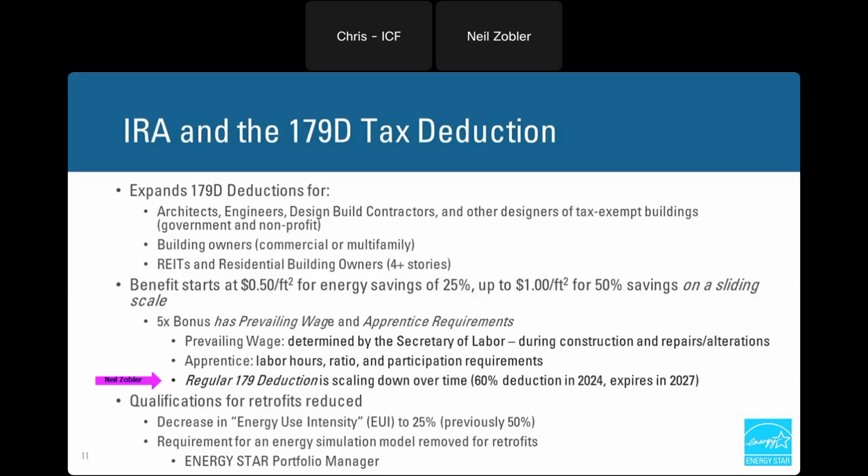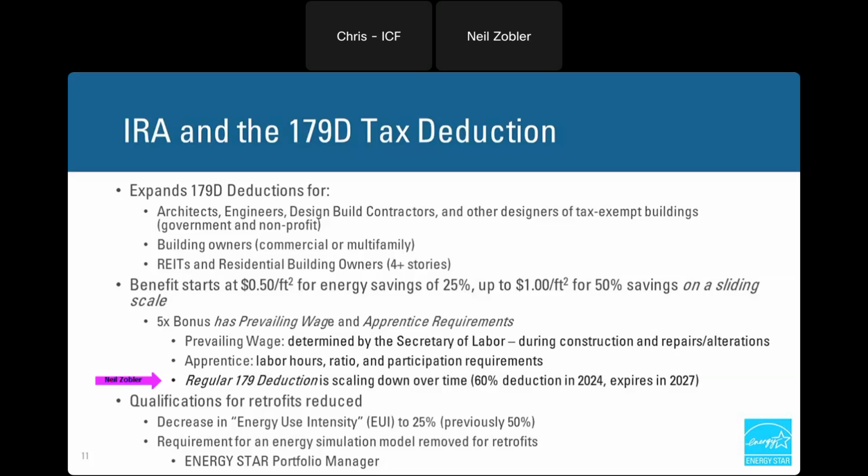It's important to mention here that the regular 179 deduction, which has been around for a long time, and up until today may have been a preferred type of deduction for doing energy efficiency projects, is being scaled down over time. In order to qualify for the 179D requires a lot of paperwork and tracking. The regular 179 did not require that tracking, which is why up until today, a lot of the deductions were taken strictly as a 179.